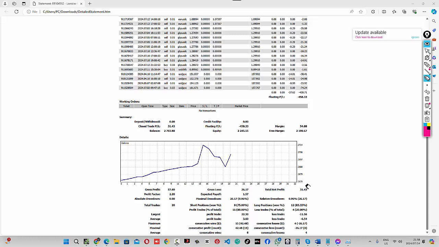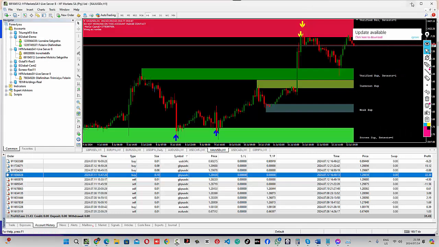This is what we made, and this is what we risk. Our drawdown is $26.17 to make $31.43. So in that case, I think we did okay, in my opinion.